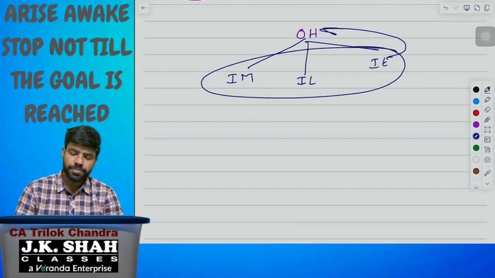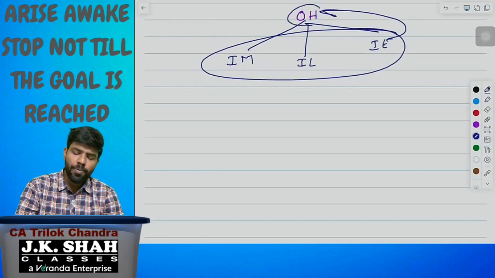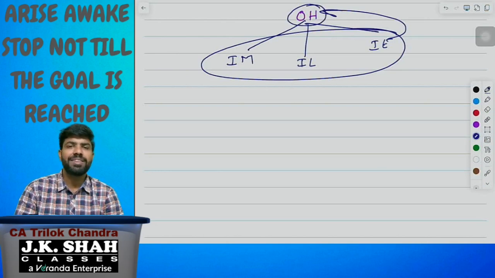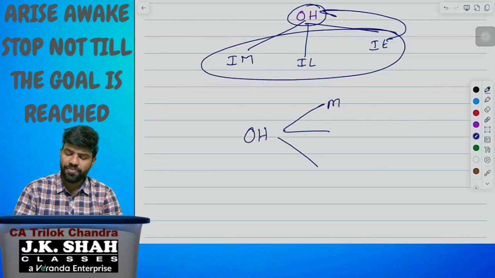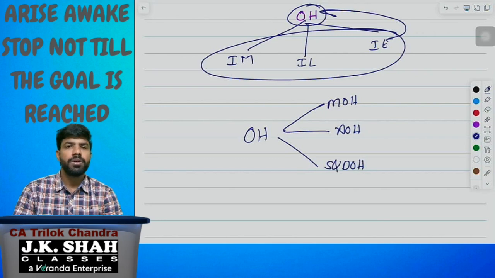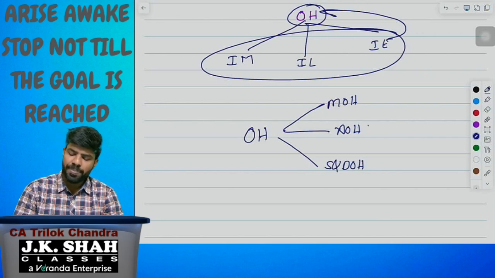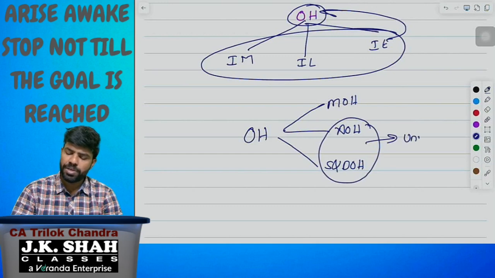Now, when it comes to overheads, there are three types again. Overheads can be classified into three categories: manufacturing overheads, administration overheads, selling and distribution overheads. We all know that administration, selling and distribution will be recovered based on units sold. We discussed this in the cost sheet.